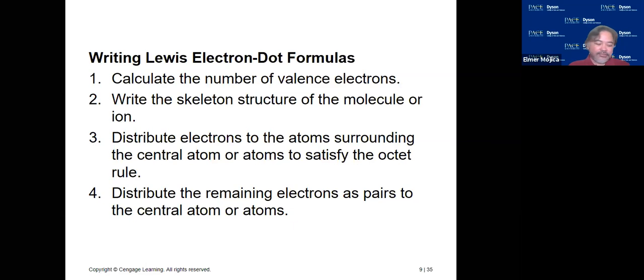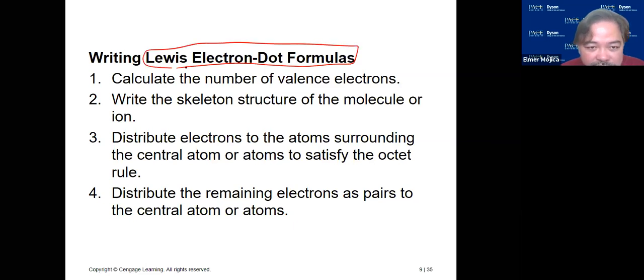So we have these Lewis electron-dot formulas. What we're going to do now is learn how to write the Lewis symbol, or as in the book that we're using, Lewis electron-dot formulas. In other books, they call it the Lewis structure.